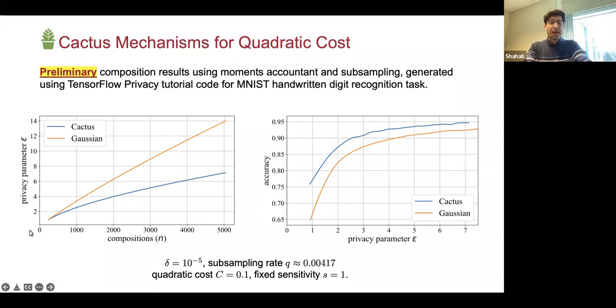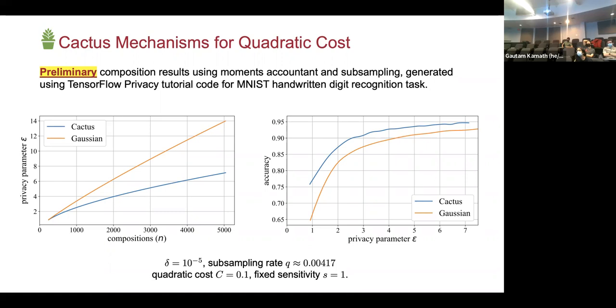But this gap does not come for free. Sampling from the Cactus distribution is way harder than sampling from Gaussian. Let me be very clear: Cactus is not ready to be applied in practice, because we don't know how to sample from Cactus. It looks very ugly. But on paper, at least, there's a significant gap.